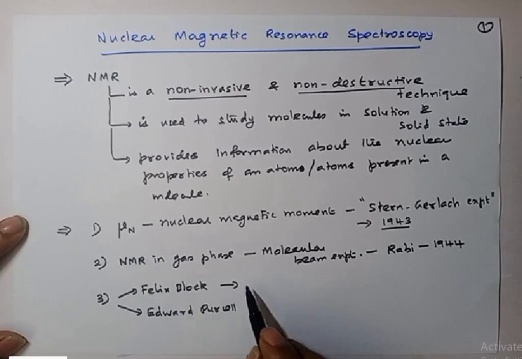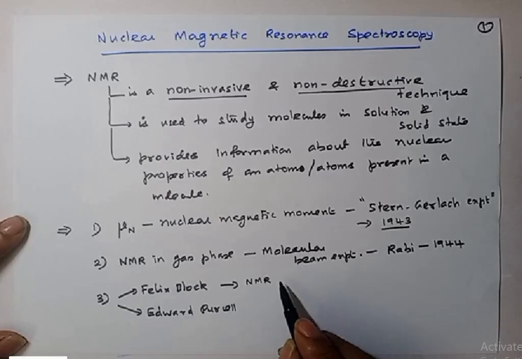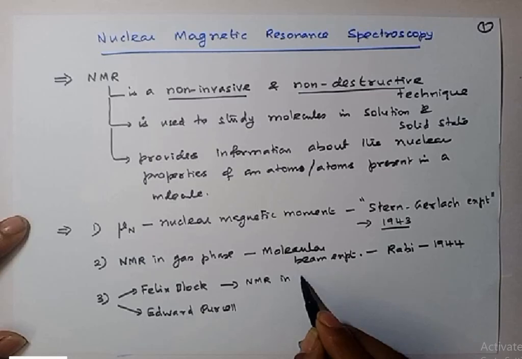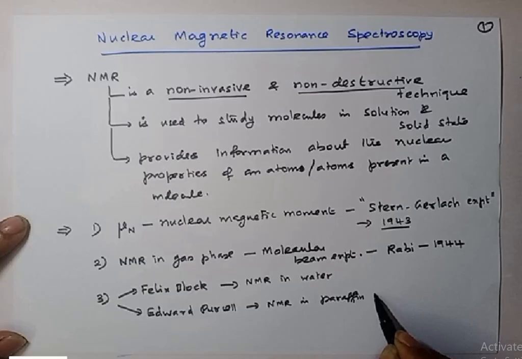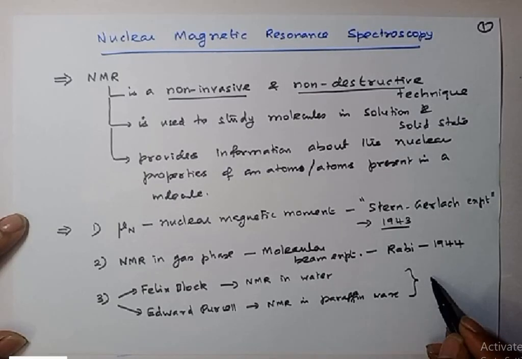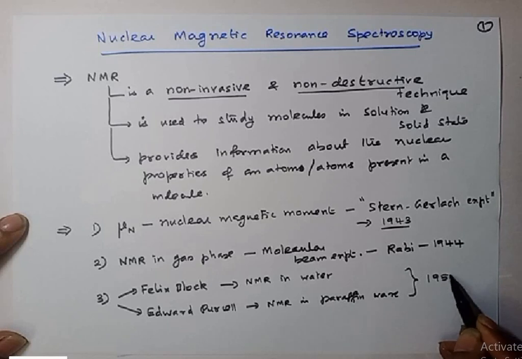Actually, Felix Bloch studied NMR in water, and Edward Purcell studied NMR in paraffin wax, and they received the Nobel Prize in 1952.